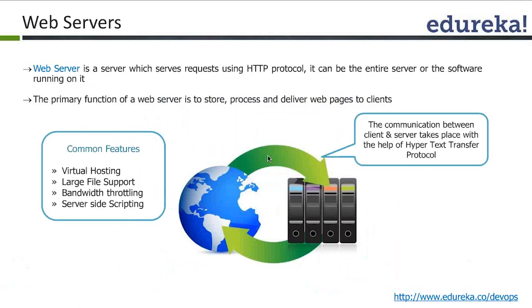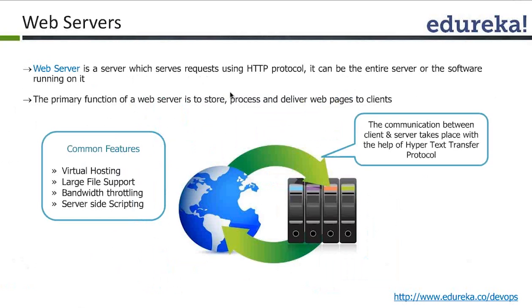So now we get into the other server, the other infrastructure component, which is your web server. And I'm sure you already understand this, but let's go through this stuff again. So web server, everybody knows, is a server which serves requests using HTTP protocol. It can be the entire server or the software running on it.